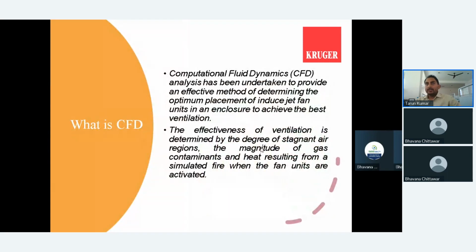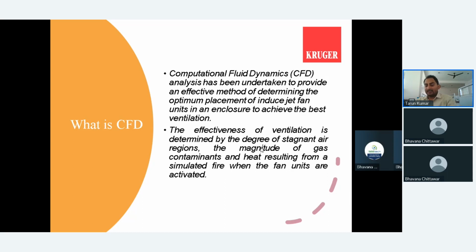For basement ventilation, we use software called CFD, computational fluid dynamics, where we calculate how much CFM is required to exhaust the complete basement, and how much fresh air CFM is required for comfort cooling inside the basement.